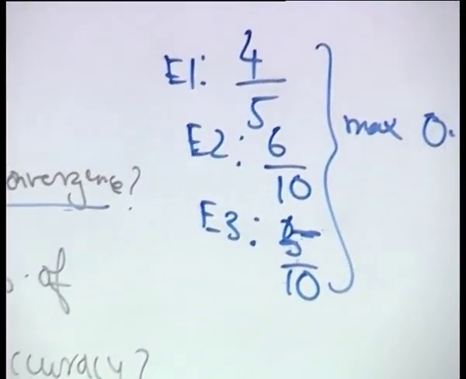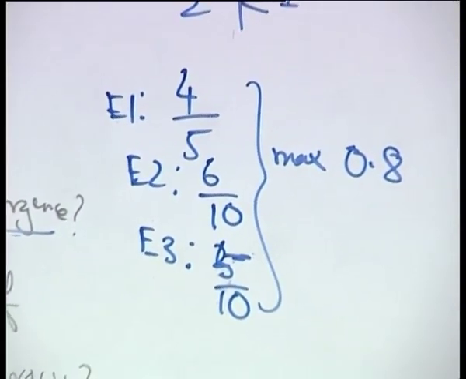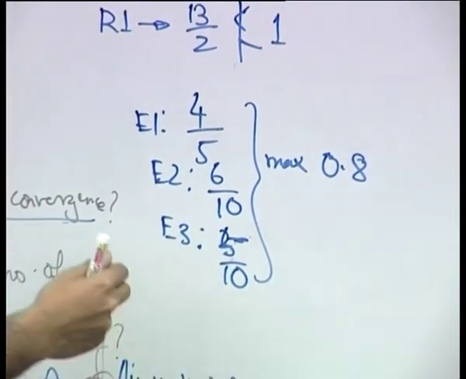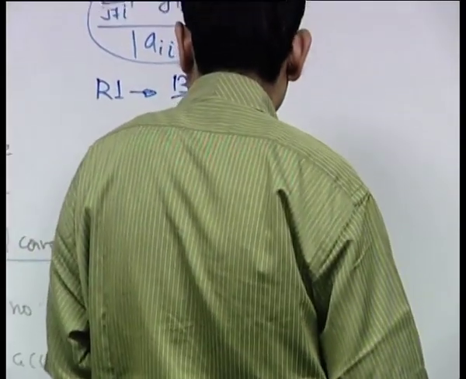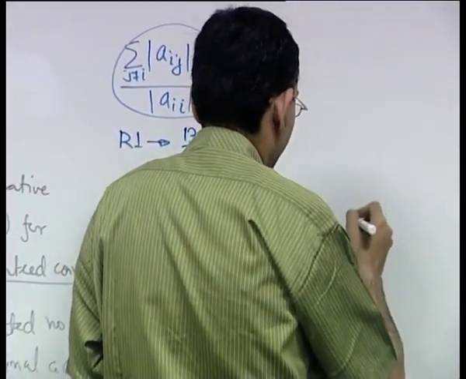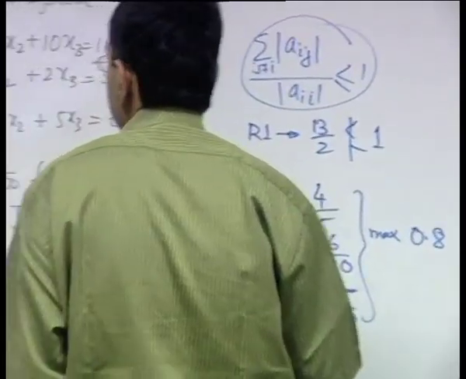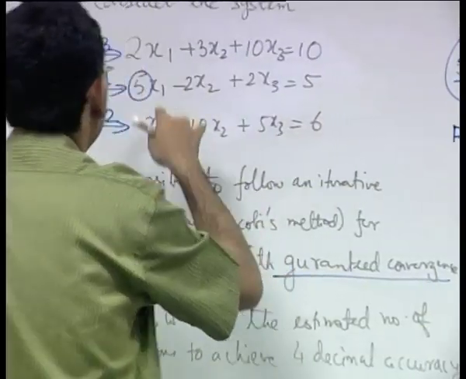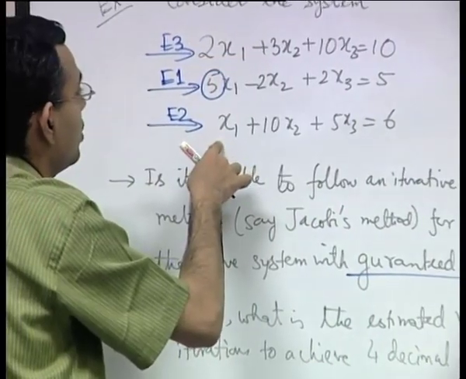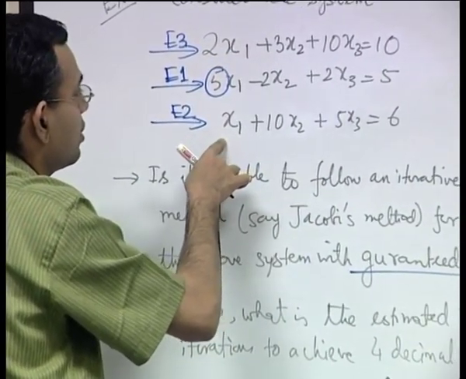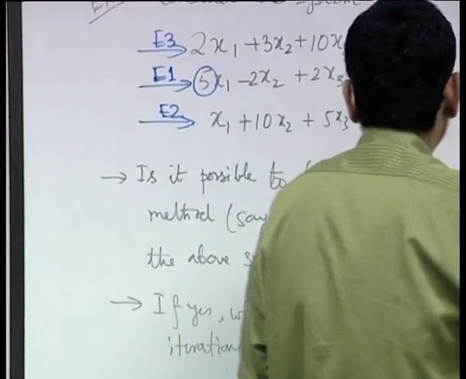So, what is the column sum norm? Let us try to organize the columns a bit.